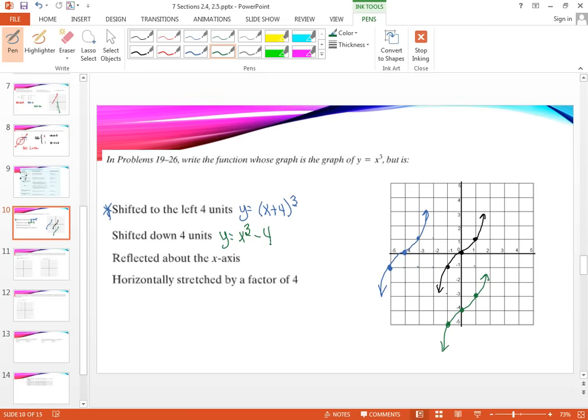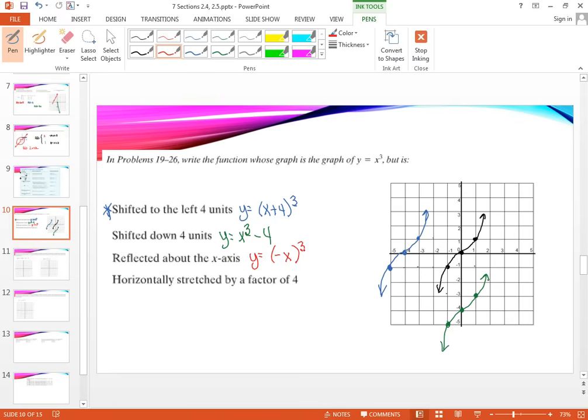Now, suppose you want to flip it around the x-axis. Okay, so if you want to flip it around the x-axis, that's when you put the negative sign inside the operation with the x. Okay. Remember, if we're going to reflect it across the x-axis, I just did that backwards.